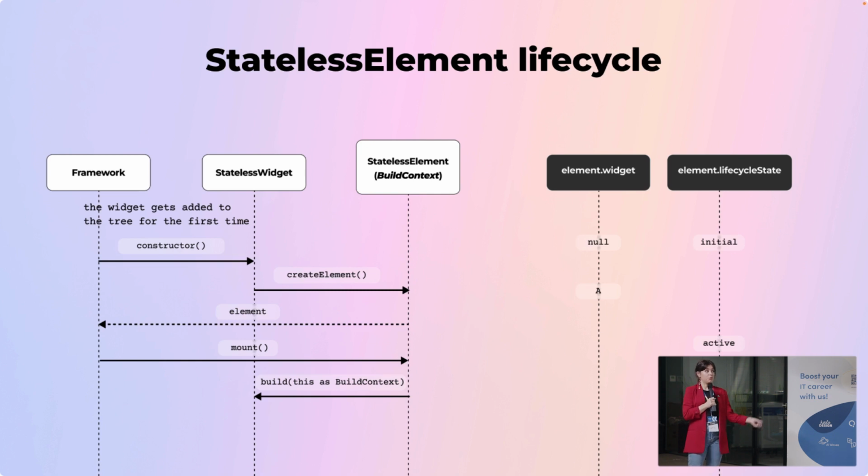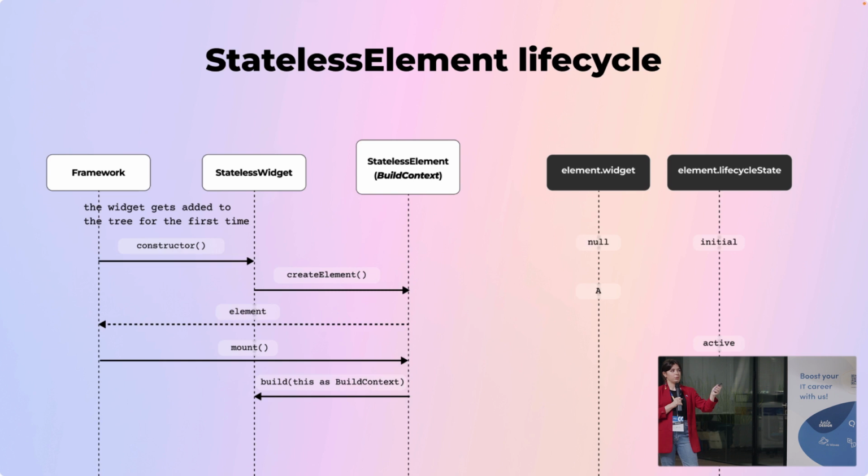All right, so the very first time that your StatelessWidget gets inserted into the widget tree, we call the constructor of the StatelessWidget. And under the hood, as we have seen, it calls the createElement function, which returns an element to the framework. And this is the important part. This is how the framework understands that this widget and its element are ready to work with.